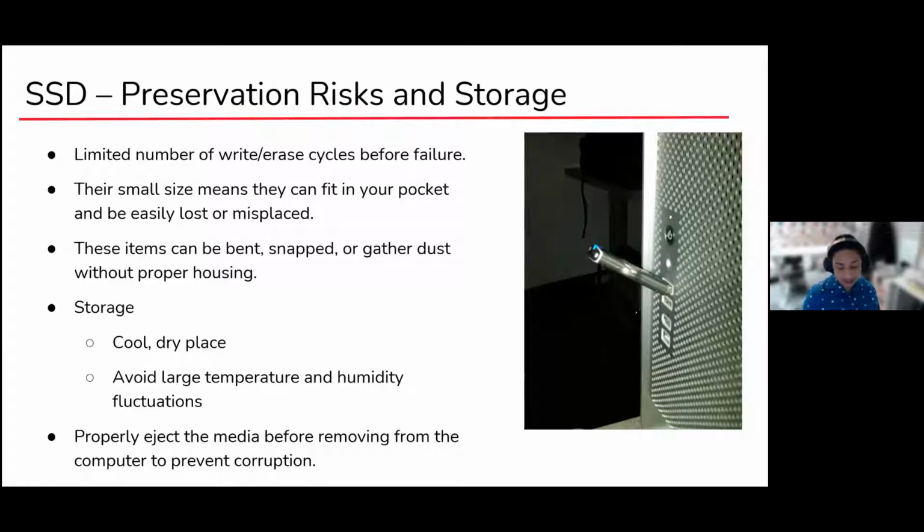And there are estimates that flash drives are expected to have between 10,000 and a million write and erase cycles, but you'll generally know if it's starting to fail if it's having issues copying things to it, and it's not because it's full, like it has plenty of space, but for whatever reason you can't copy something, or you can't open files and files are becoming corrupted.